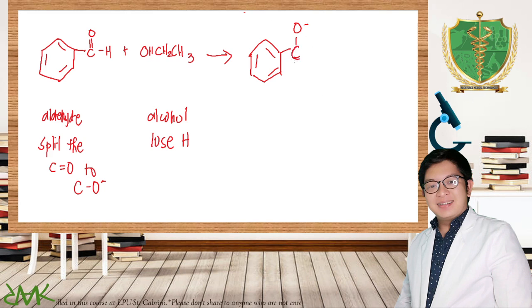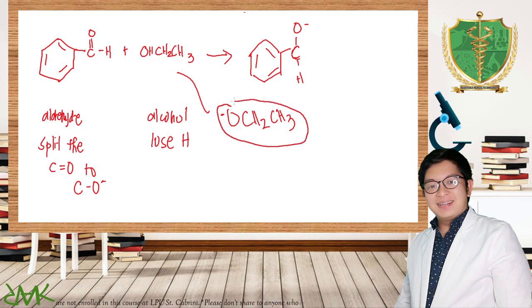So what happens? Again, when our alcohol loses hydrogen, what will happen is like this. Our oxygen also has a negative charge here. This one will be bonded to the carbon because it has a positive charge. Nucleophile to electrophile.